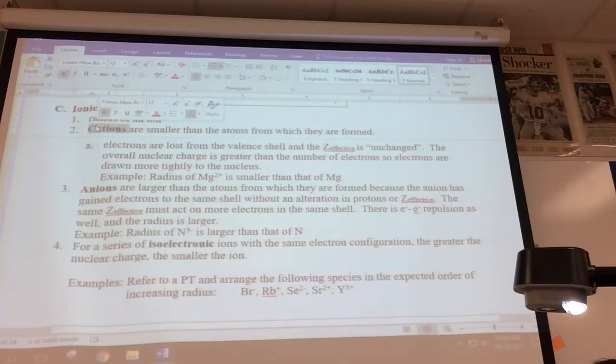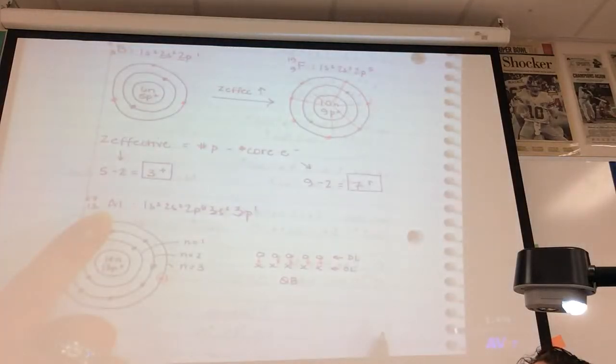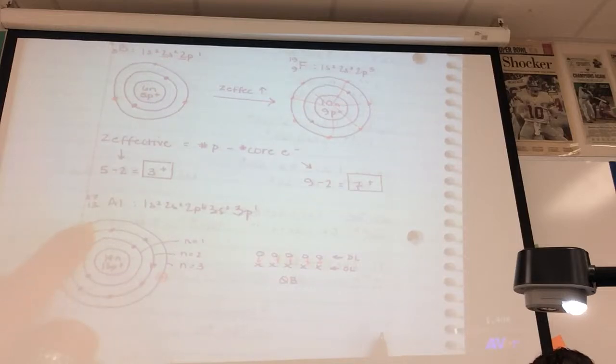Cations, do they lose or gain electrons? They lose. So what's happening here, for example, if you have aluminum and you form an aluminum ion, you will lose the 3 electrons from the outermost shell. The nuclear charge hasn't changed.